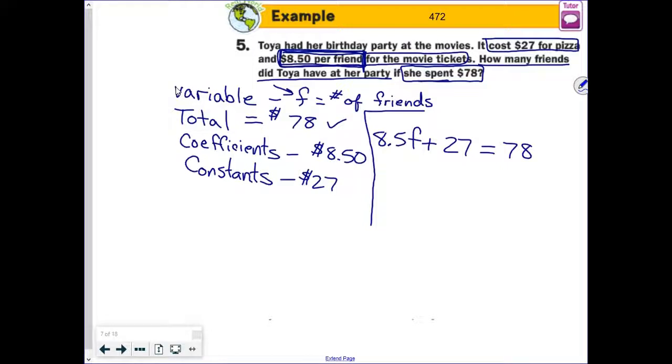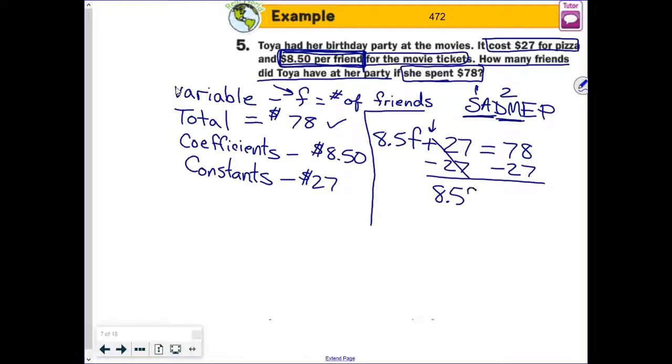To solve that, we would then again use our SADMEP and go in reverse order of operations, doing addition and subtraction first, division and multiplication second. So the opposite of adding 27 is subtracting 27, and we're going to do that on both sides. Positive and negative 27 are opposites, and they cross off. So we get $8.50 times the number of friends equals $27 subtracted from $78, which is $51.